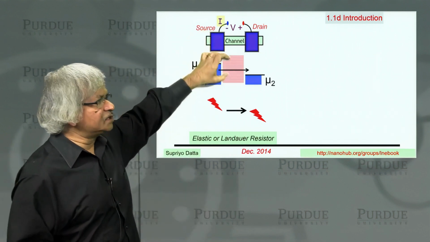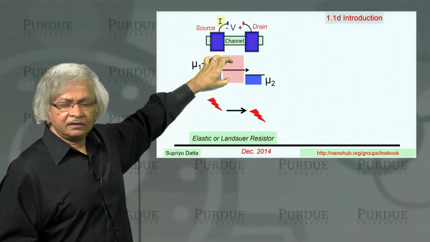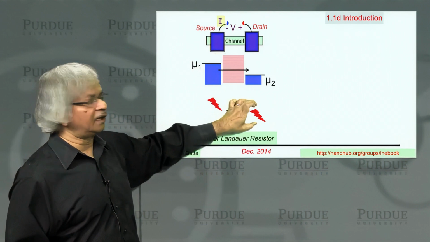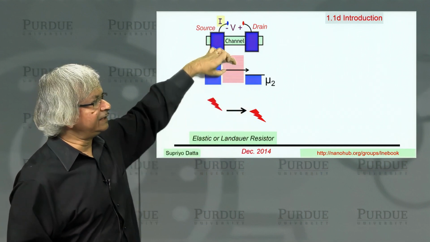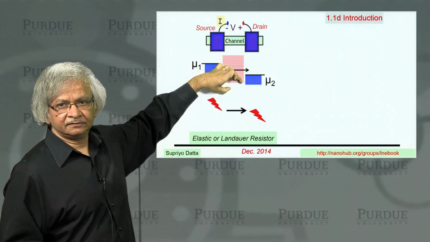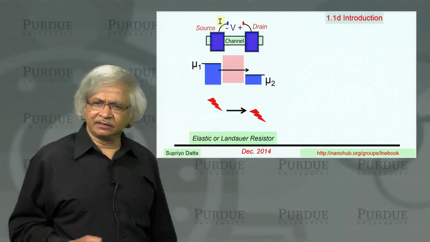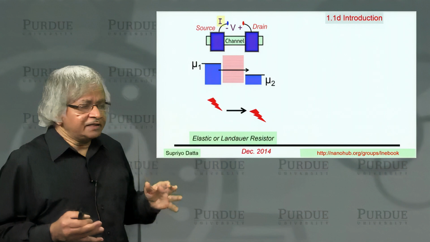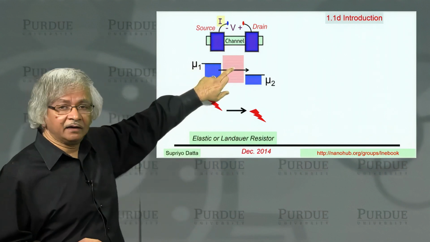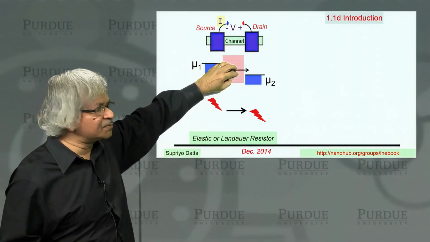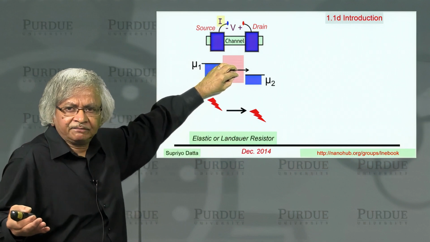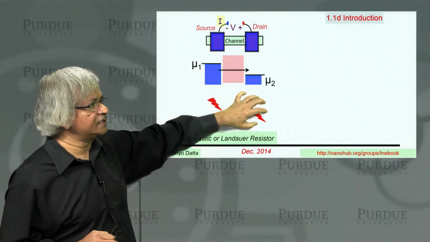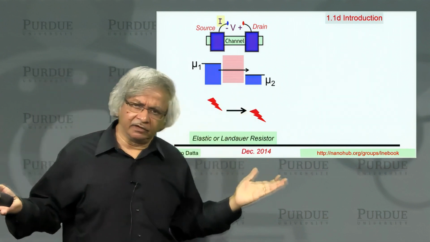But in small conductors, often most of the heat will actually be dissipated in the contacts rather than in the channel itself. And there's good experimental evidence that for some of these very small conductors, if all that heat were dissipated here, it would have burnt up, because this is a small thing. It can't get rid of all that heat. But it doesn't burn up because the heat is actually in the contacts, which are big things that can get rid of the heat.